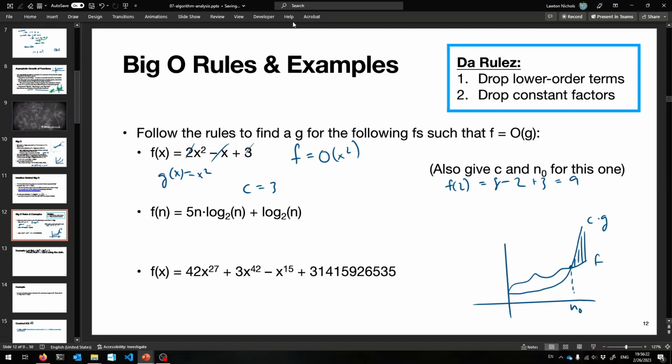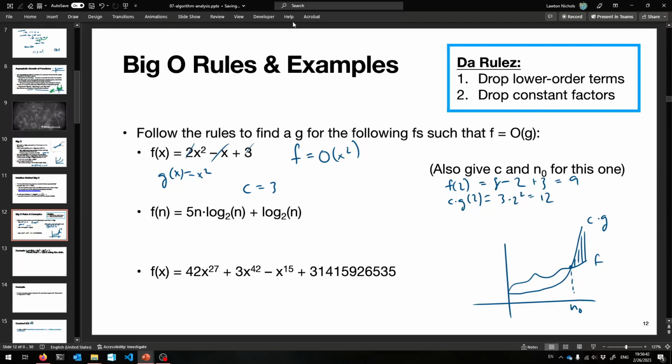And then c times g of 2, and c, remember, we're choosing to be 3, is equal to 3 times 2 squared, which is 4 times 3, which is 12.